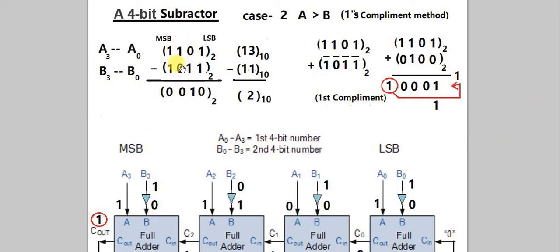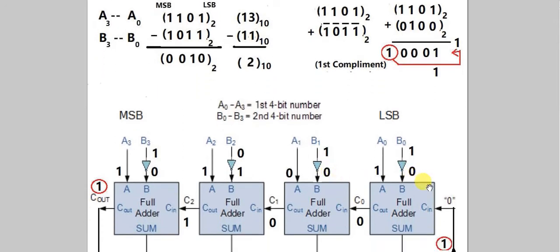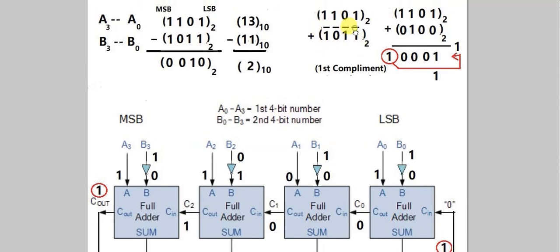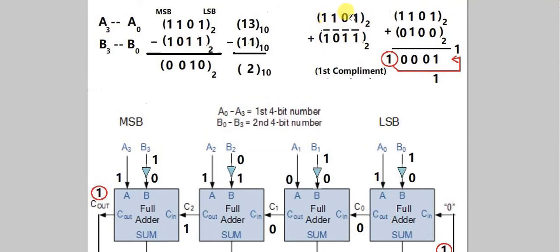Now this is the typical binary subtractor using 1's complement. What we do is add these two numbers, but before that, in 2's complement or 1's complement, the second number is complemented and added together. This number 1011, we take the complement of it, and the polarity changes from minus to plus because we have complemented all the B's, the second number being subtracted.